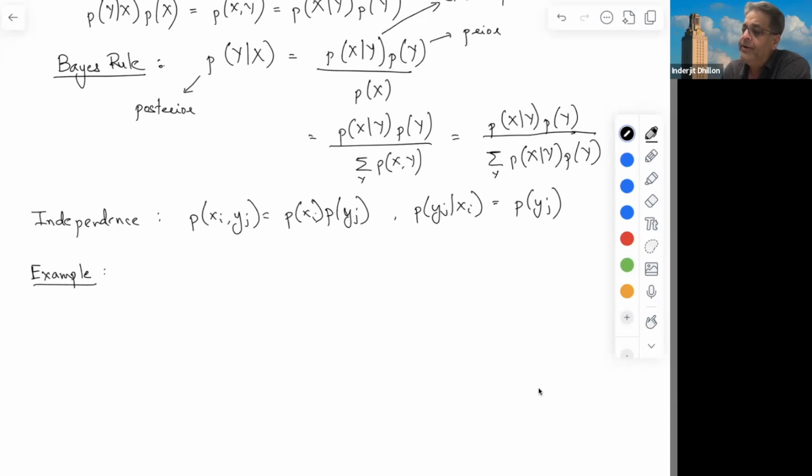Okay, so let's take an example where we have two boxes. This will be blue and red. And we have two types of fruit, apples and oranges.